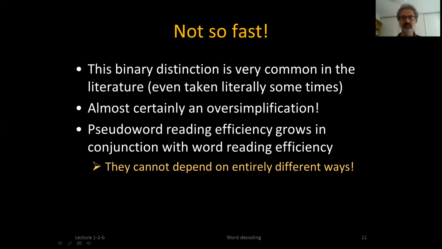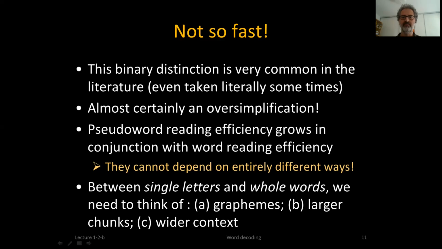This suggests that the two kinds of connections do not operate in fundamentally different ways. They're probably not two different kinds of reading, although they concern different sizes of units that are mapped.